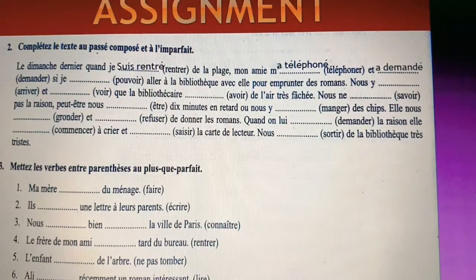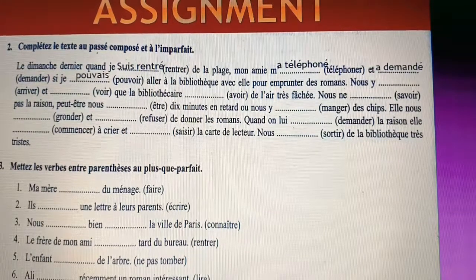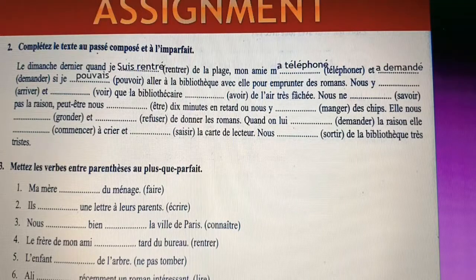Demander si je pouvais aller, if I could go. So if is there, condition is there, so we will put pouvais. Si je pouvais aller à la bibliothèque avec elle pour emprunter des romans.